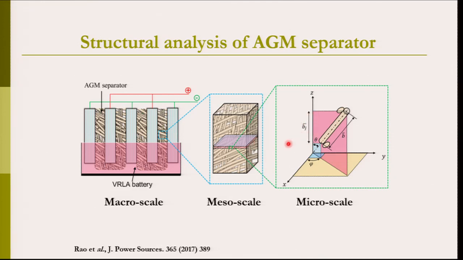Now we move to the micro scale, where you have a micro element of fiber projected in the z direction, and the thickness of this meso domain is dictated by Bj bar, which is the mean distance between the fiber-to-fiber contacts projected on the z direction, or the thickness direction. So, we can relate the micro scale with the mesoscale, and the mesoscale can be a part of the macro scale to understand the characteristics of AGM separators.